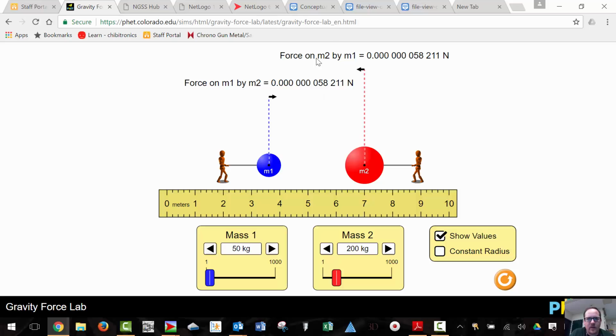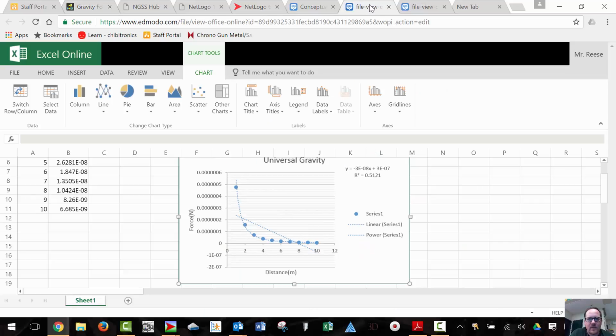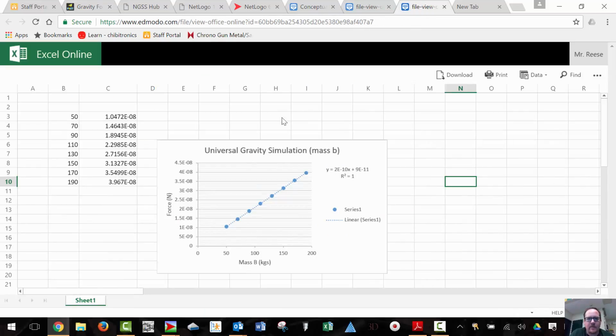From there, we went to Excel, and this is an example of a graph taking the data of mass increasing and then force increasing as well. Showed that there's a direct proportionality between mass and force, and the students generated these graphs.